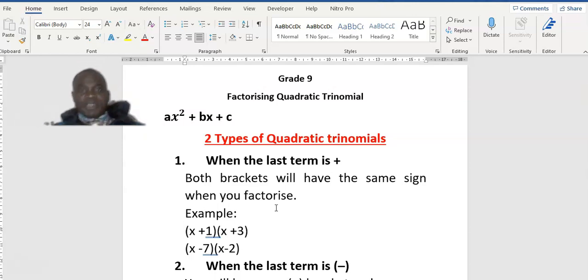And remember, when we say factorizing in our previous lessons, it means put it in brackets. So like this, we have placed it in brackets. Then let's look at the second one.